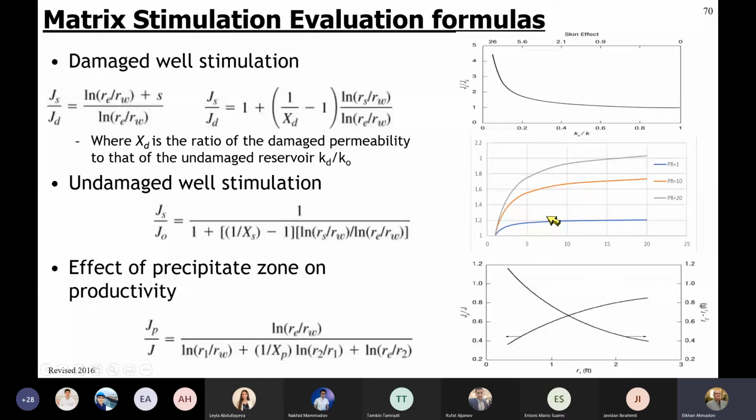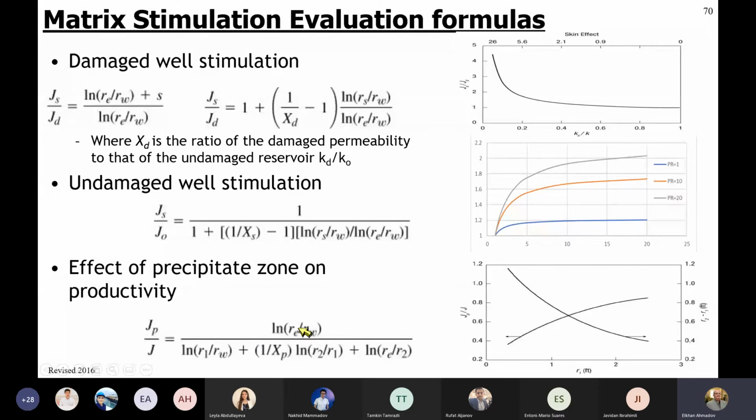And the effect of precipitated zone on productivity, we can see here how it's calculated based on the inner radius of the damaged collar and outer radius of the damaged collar.